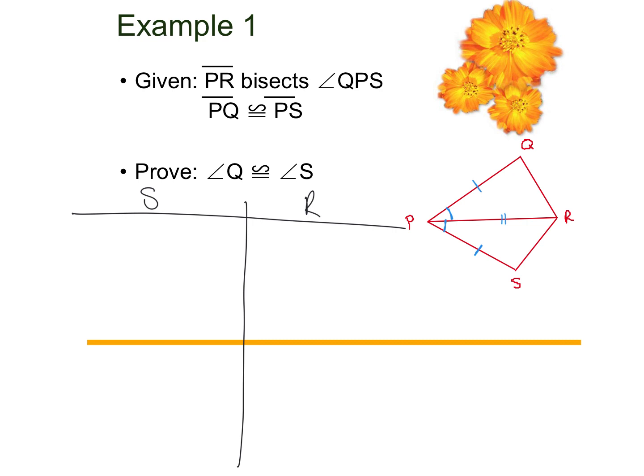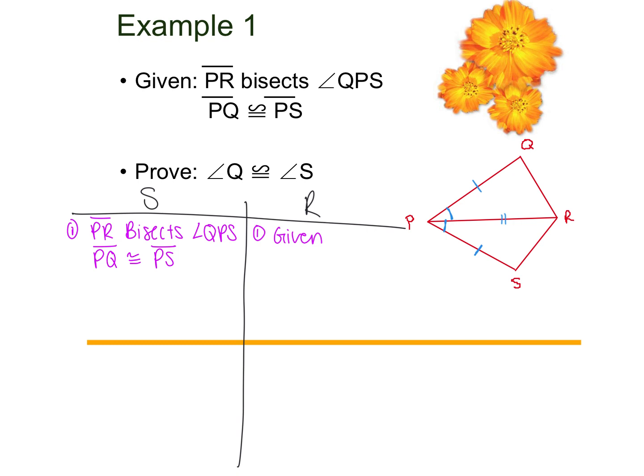So I'm going to state what's given first: PR bisects angle QPS, and PQ is congruent to PS. And my reasoning was given. All right, that's all the information that they gave us.